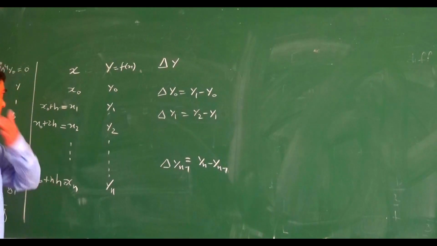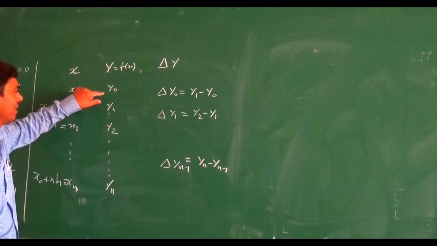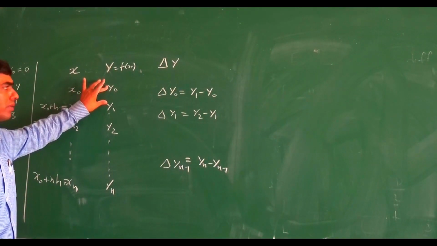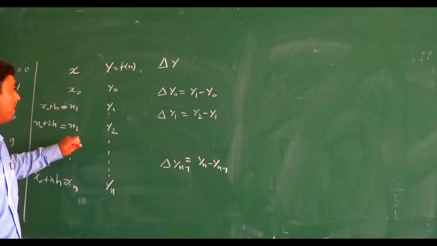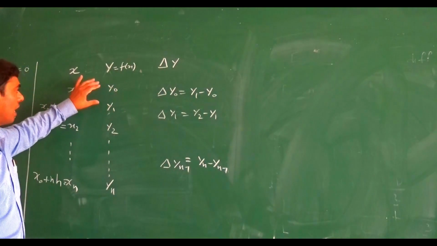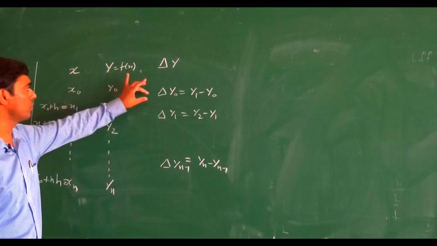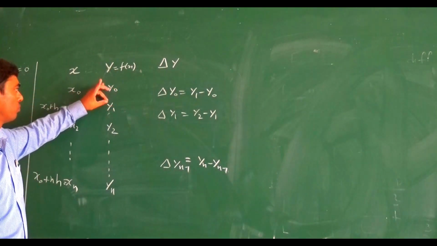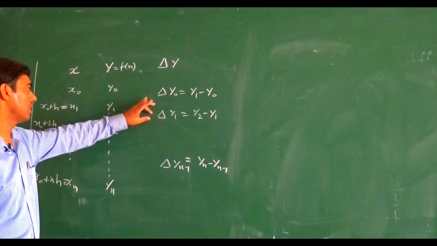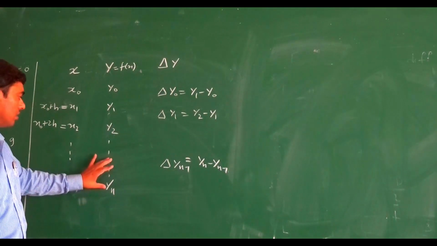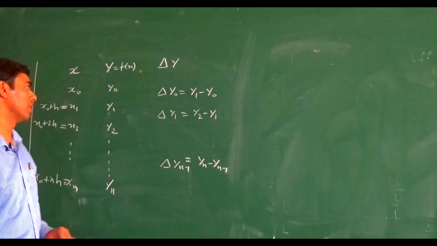This is not a very tough process, it is a very easy process. The difference of y1 minus y0 is del y0, and we always write the difference of two values in the middle of those two values.